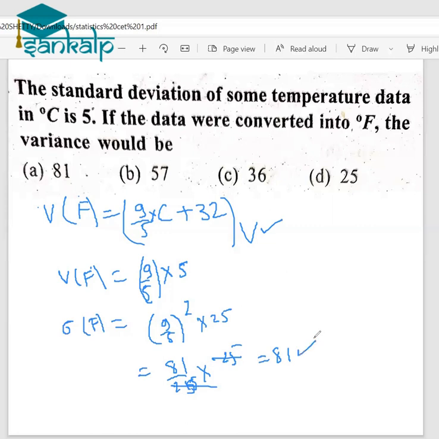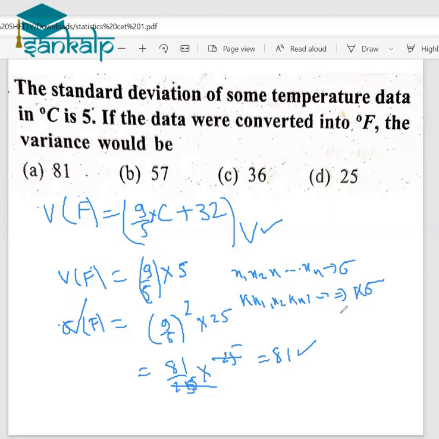So here we made use of the result: if x1, x2, x3, so on up to xn have standard deviation sigma, and each term is multiplied by k, then the standard deviation will be k into sigma.